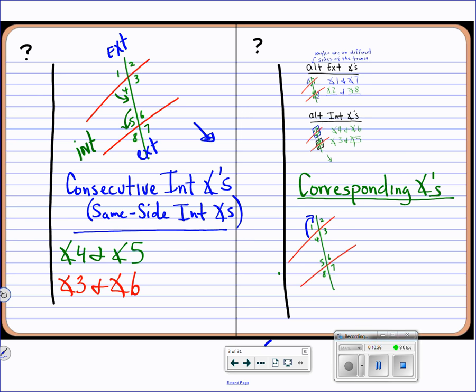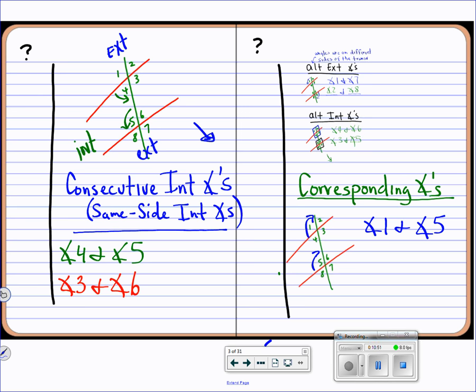Now I want to look down here at the bottom, 5, 6, and 7, and see in that grouping which angle sits in the same spot as angle 1. That's what a corresponding angle would be. I see angle 5 sitting in the same spot, the top left-hand corner. So angle 1 and angle 5 are corresponding pairs.